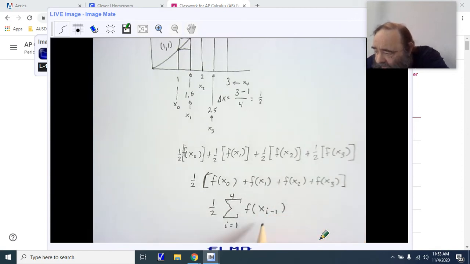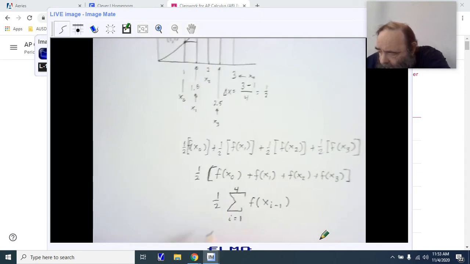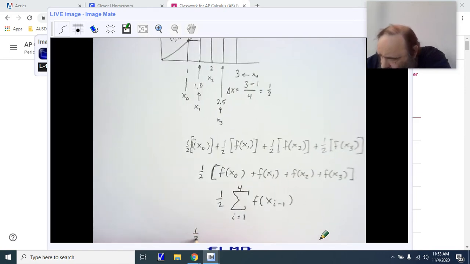Now, this gives us our lower sum, and our upper sum would have the f of x sub 1 plus f of x sub 2 plus f of x sub 3 plus f of x sub 4.